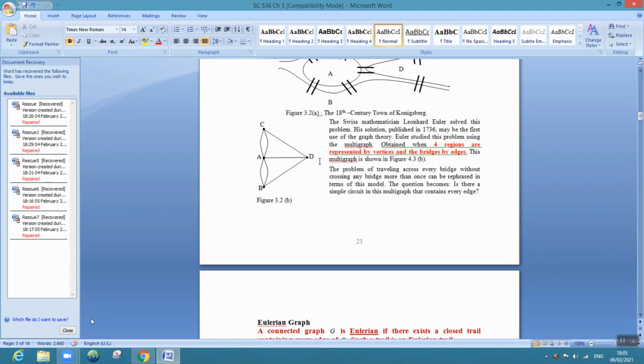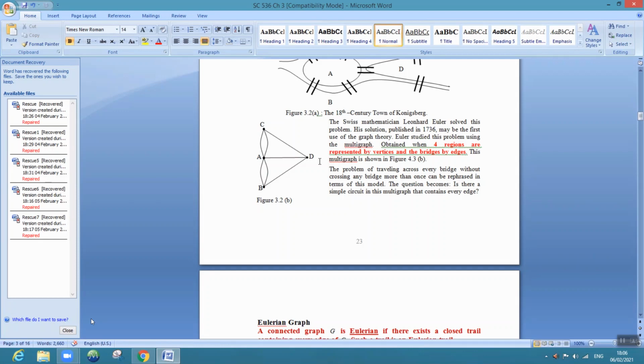So this has no Euler trail, no closed trail, no Euler circuit. Therefore, if you start from one location and cross each bridge, or walk along each edge, exactly once, you can't come back to the starting point.